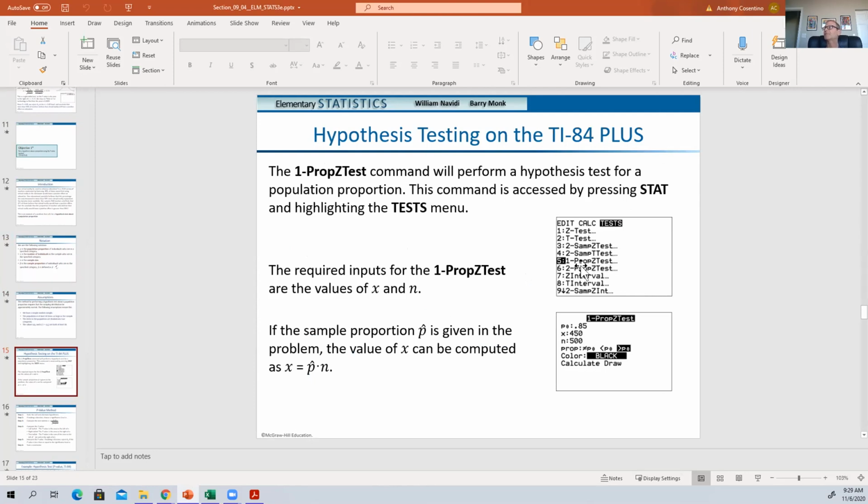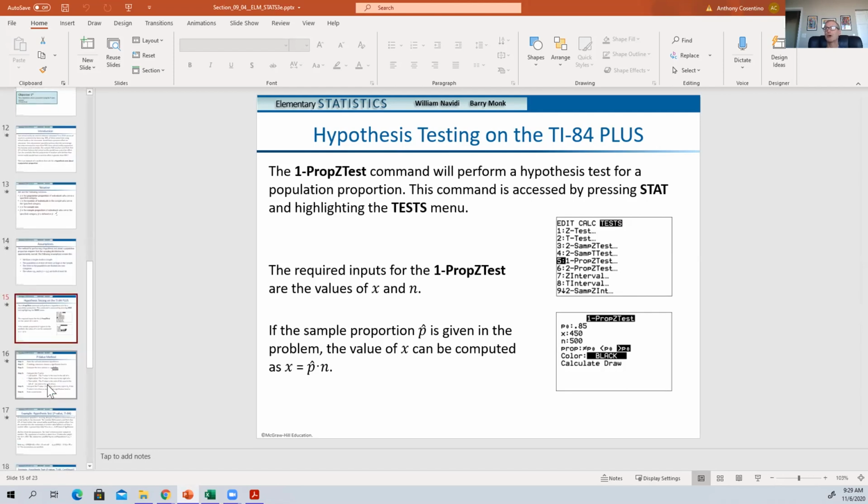Well, now we have the proportion z-test, which is called prop z-test. So if you walk through that, you click stats, test, and then prop z-test, the number 1, and you plug in the values. And so you plug in the values of the appropriate p-values, etc., and out will come your calculation as well.